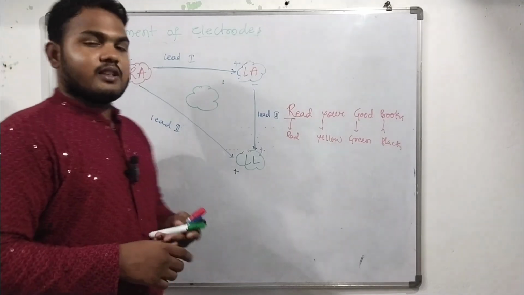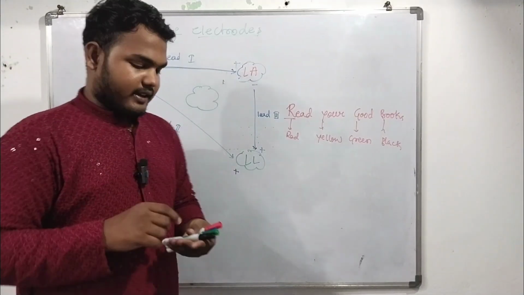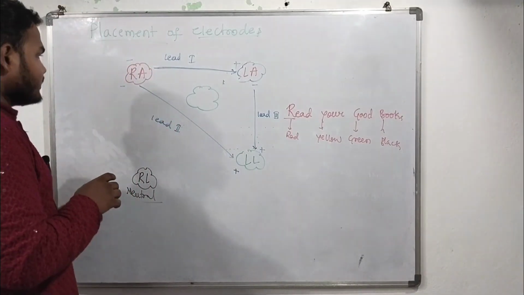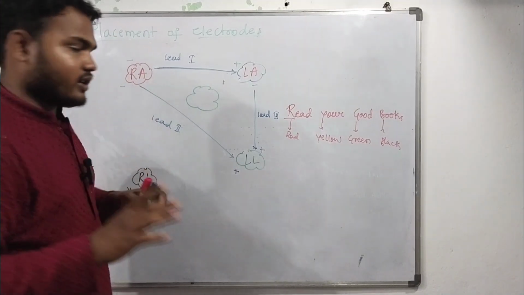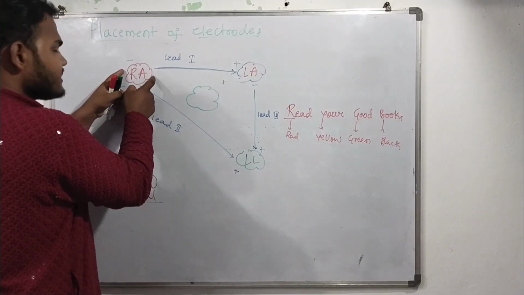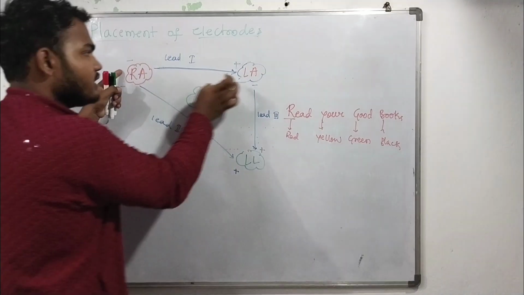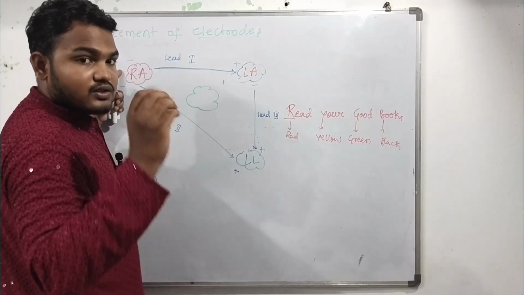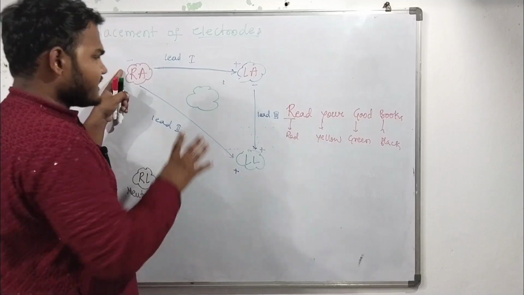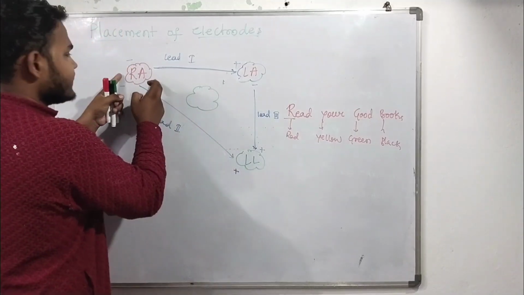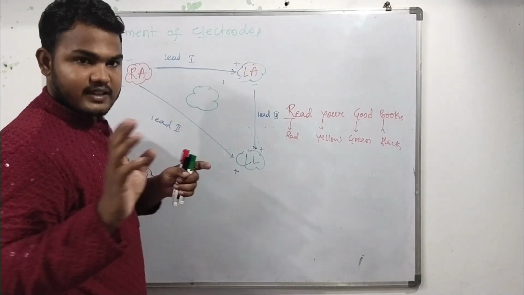Now comes the unipolar lead, that is the augmented lead. Augmented lead means if the electrical activity is being measured on the right arm, the rest of the 2 electrodes are considered as negative. It is considered so by the machine.